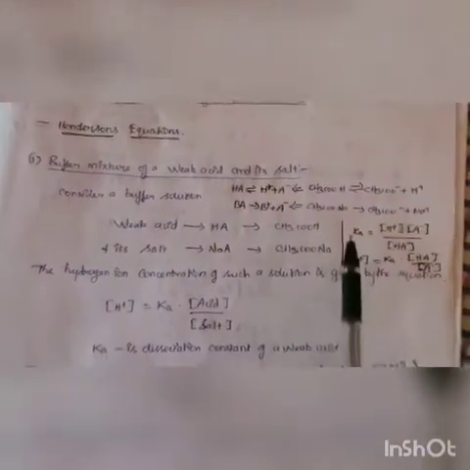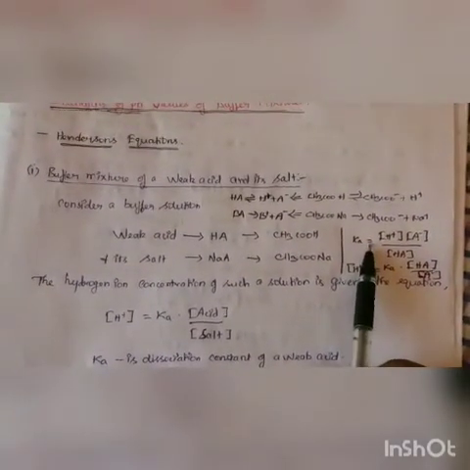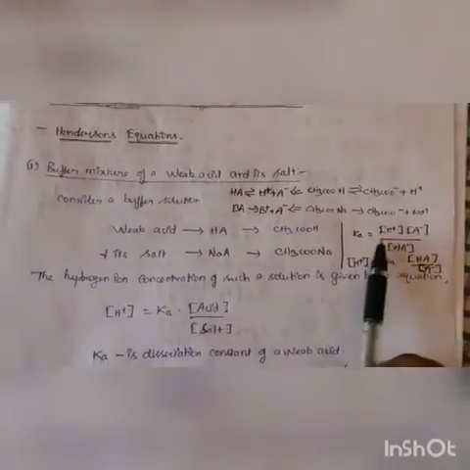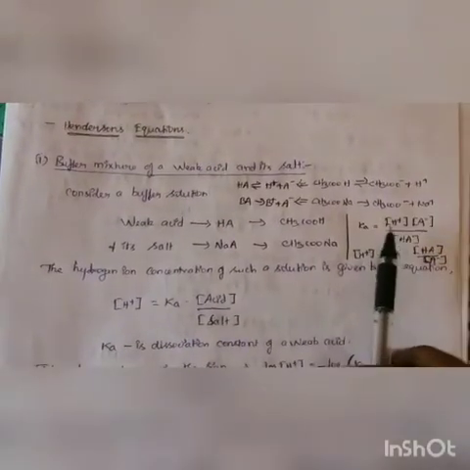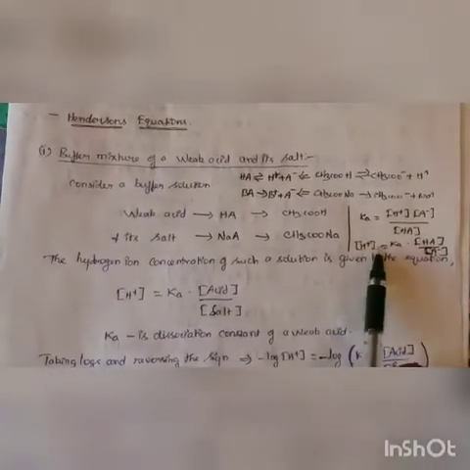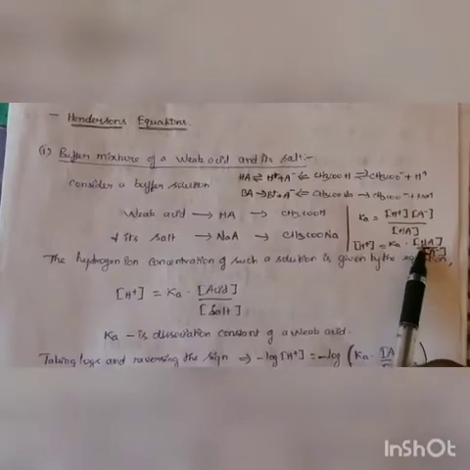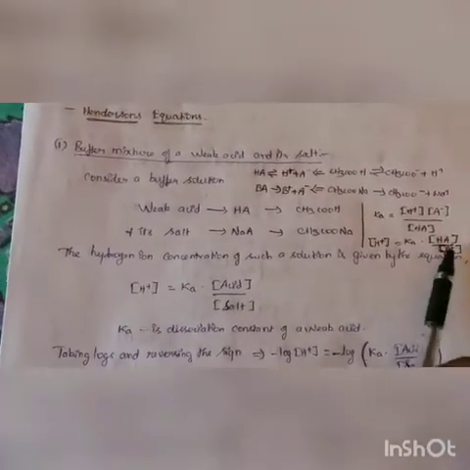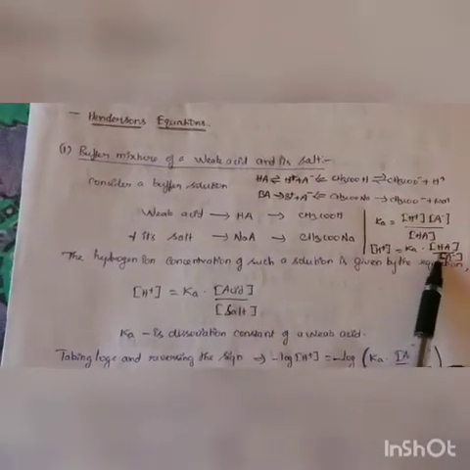So the equilibrium constant for this acid, I am writing Ka is equal to the product of the concentration of H plus and the concentration of A minus divided by the concentration of HA. We are going to calculate the H plus concentration, so H plus concentration is equal to Ka into the concentration of HA divided by the concentration of A minus. Why am I taking A minus?